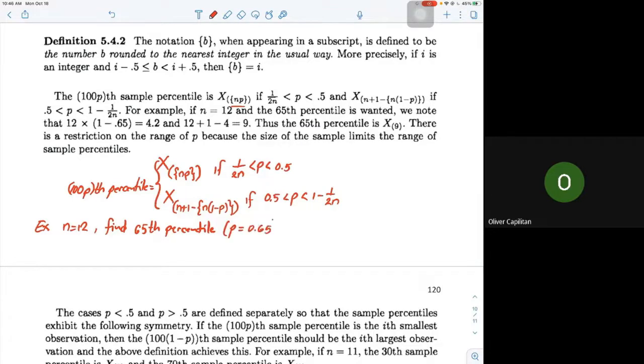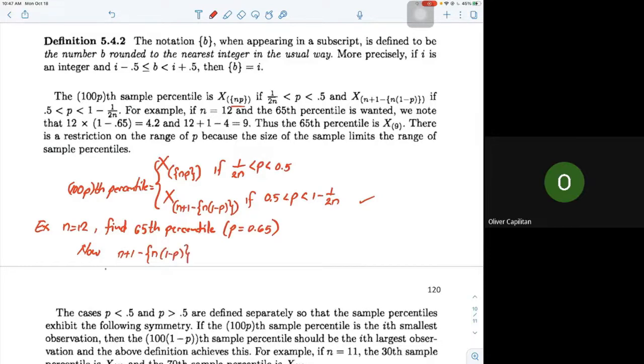So we are going to use the second expression, the one below, because p is greater than 0.5. Now the subscript of our random variable is n plus 1 minus n times 1 minus p.